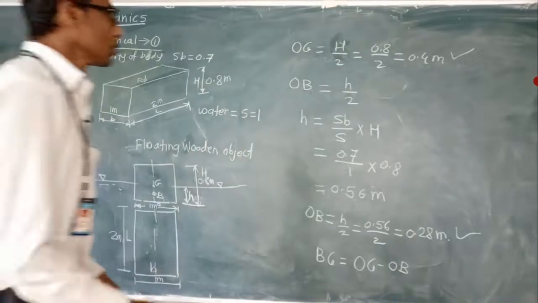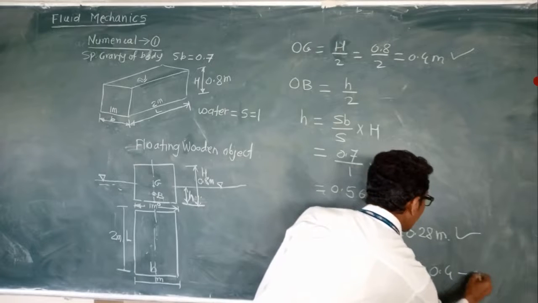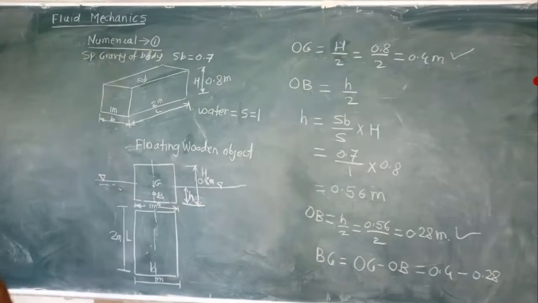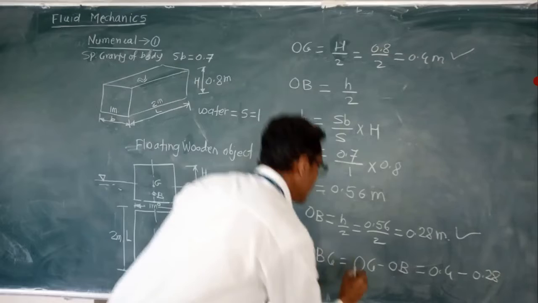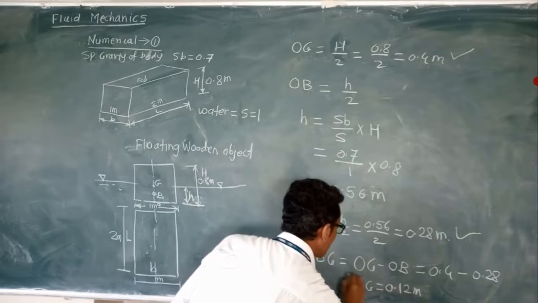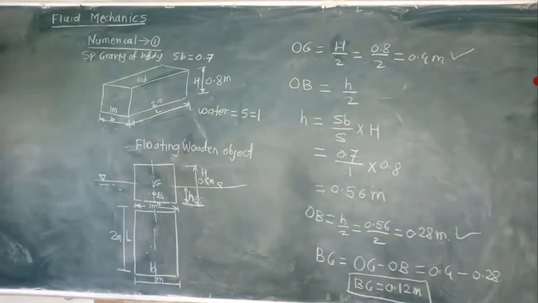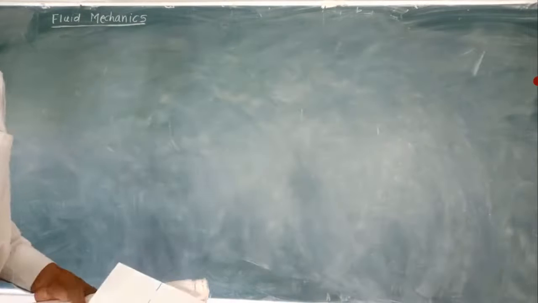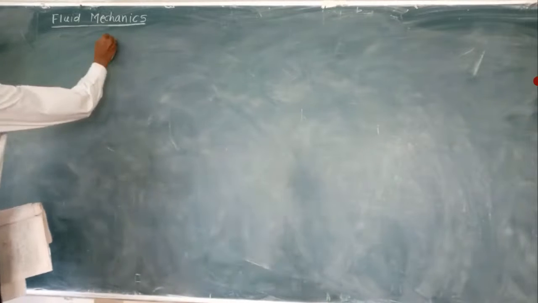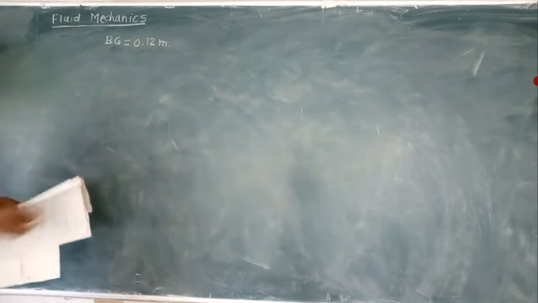So 0.4 minus 0.28 comes to 0.12. So BG is 0.12 meter. This we have got. So we calculated the BG distance, 0.12 meter.